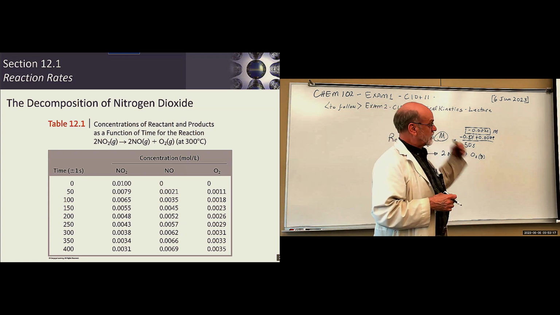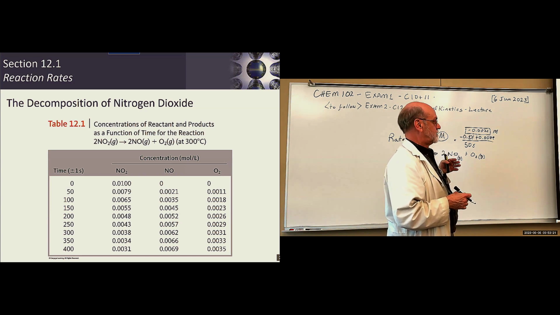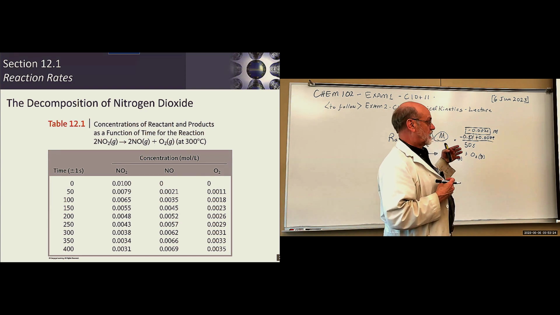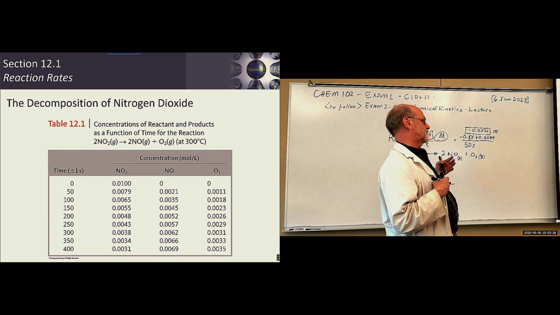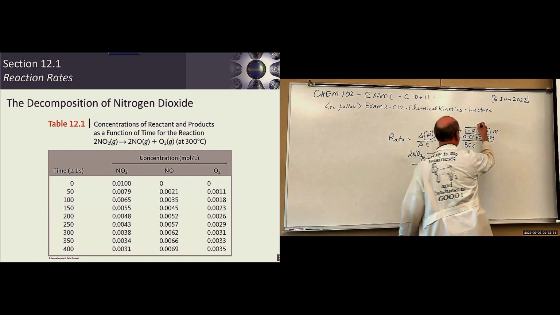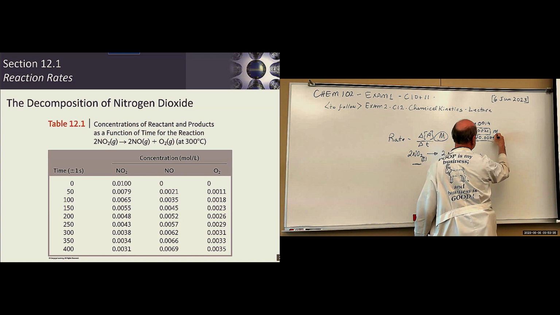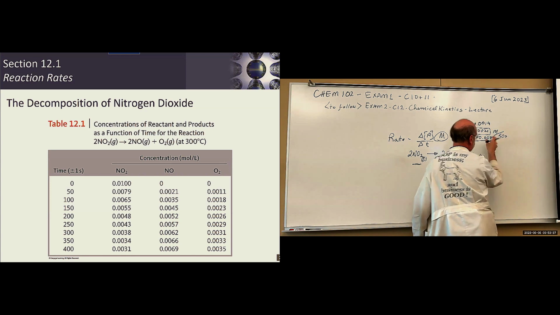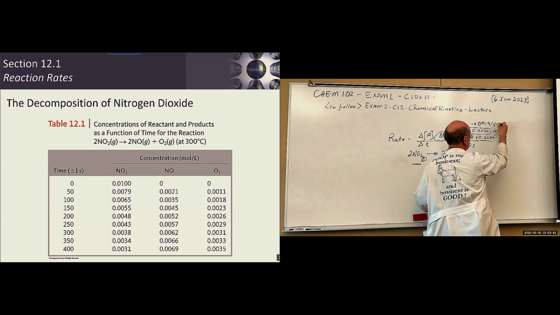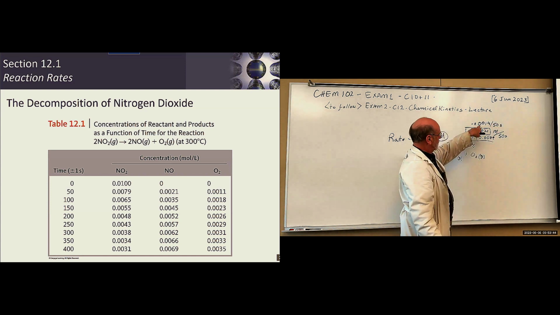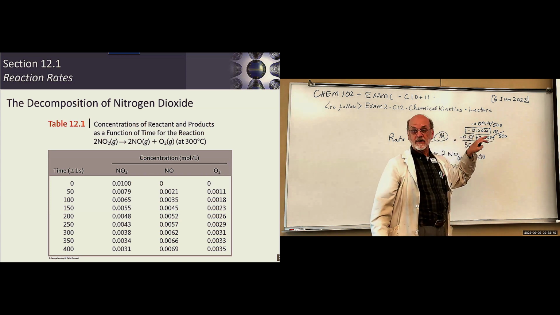And then we go to the next time interval, 50 seconds. What happens? NO2 reduces by how much? 14? Yeah. Now it's down by 14. And this is per 50 seconds. We haven't divided it in to see how much it is per second. But for 50 seconds, notice that the amount of change in the second time interval is less than in the first time interval.